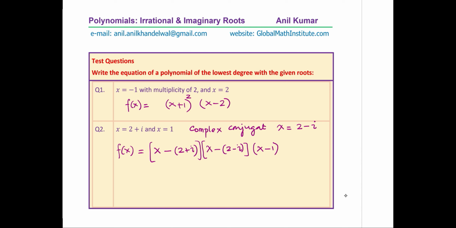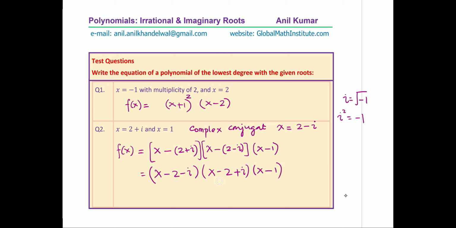I hope you remember the i we are talking about is the imaginary number, which is the square root of minus 1, or i squared is minus 1, correct? So that becomes a root which you could simplify, and you could write this factor as x minus 2 minus i, correct? Times x minus 2 plus i, times x minus 1.